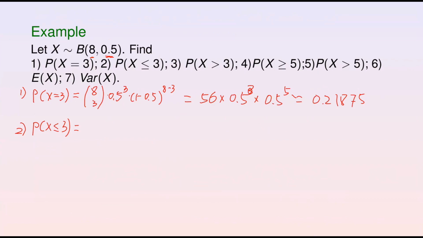So it equals the probability of x equals 0 plus probability x equals 1 plus probability x equals 2 plus probability x equals 3. Okay, so what is this probability? Of course we can find these values.